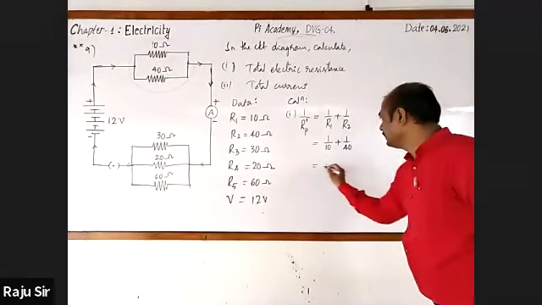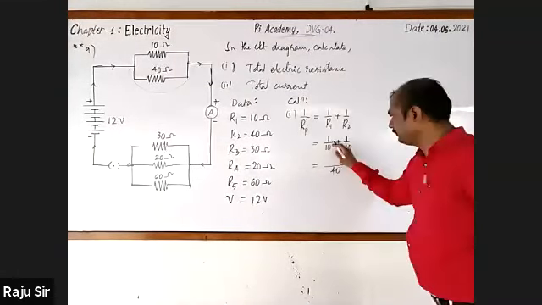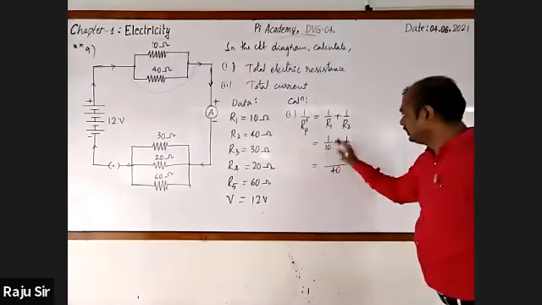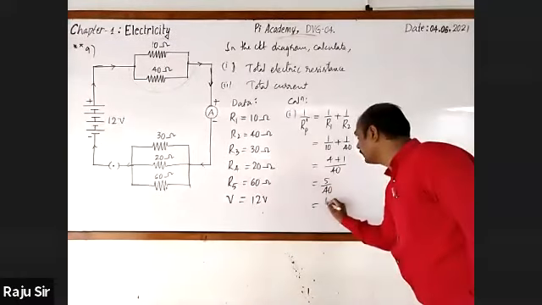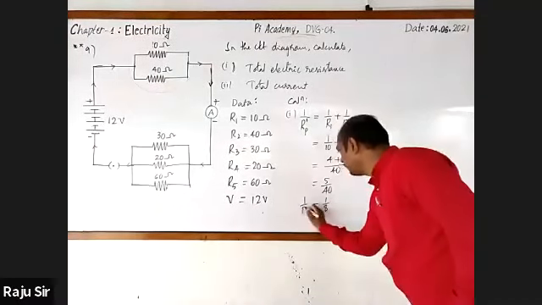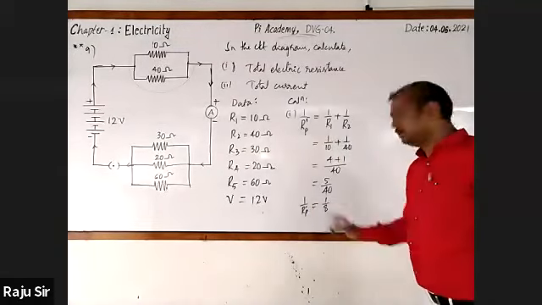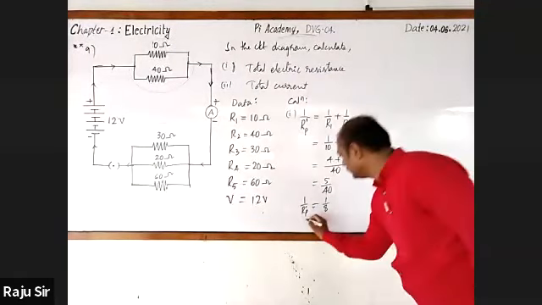Take LCM. LCM will be 40. Multiply this with each term. Here 10 4s are 40, then 40 1s are 40. It is 5 by 40, which is 1 by 8. 1 by RP dash is equal to 1 by 8. RP dash is equal to 8 ohm.